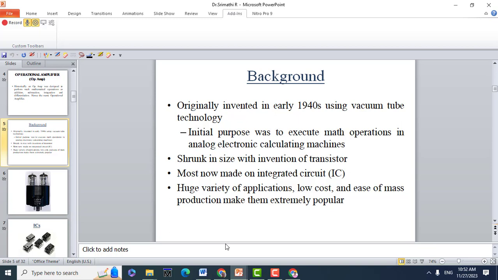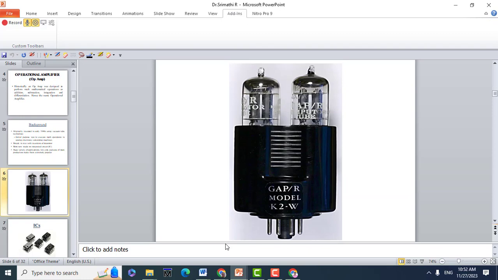They have made it as an integrated circuit, from SSI to GSI, meaning small scale integrated circuit to giga scale integrated circuit, so the chip size can be made smaller and smaller. There is a huge variety of applications, and its low cost and ease of mass production make them extremely popular. So this is the first version of operational amplifier that was available in 1940.